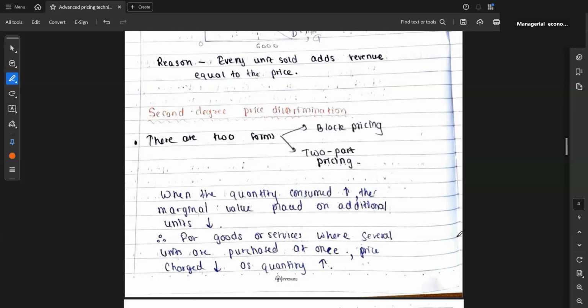So with each quantity consumed, the marginal value that the consumer places on those units keeps on decreasing. So for goods where you purchase multiple units at a time, for higher quantities, the price can be decreased.